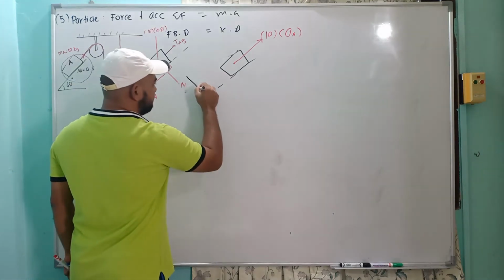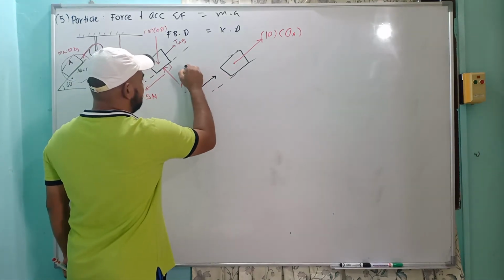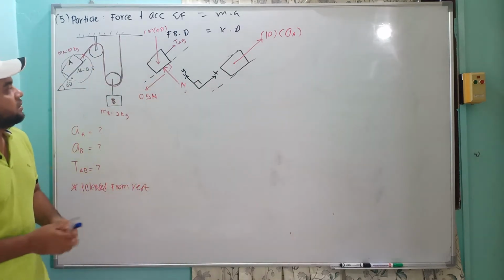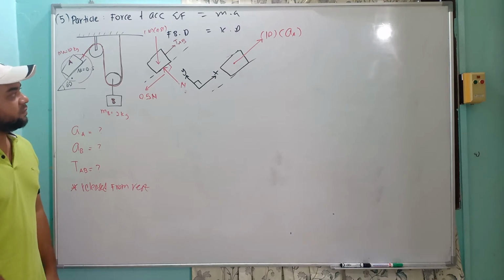One is in this direction, the other is Y, and the other is X, with 90 degrees in between.